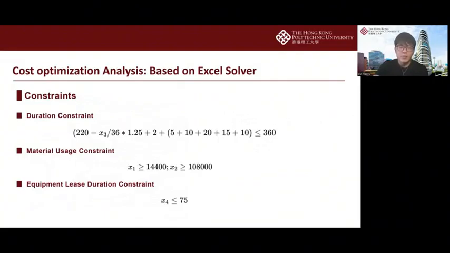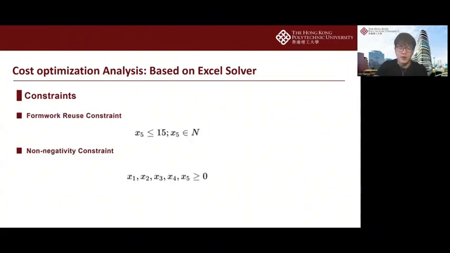Secondly, the material usage constraint and equipment lease duration constraint, which guarantee the technical compliance of the project. Thirdly, the formwork reuse constraint, which maximizes the efficiency of resource utilization. And there are also some constraints related to the decision variables, which have been explained earlier.